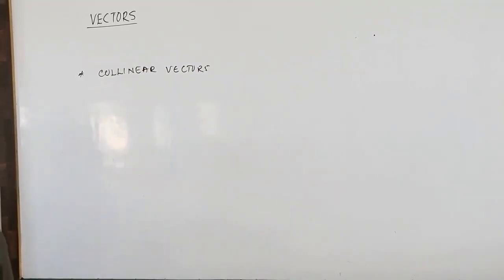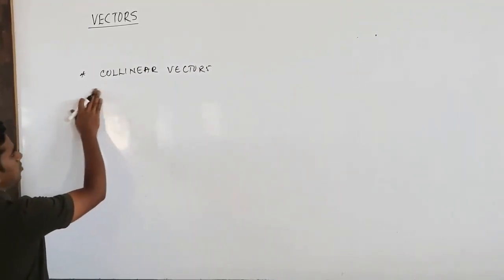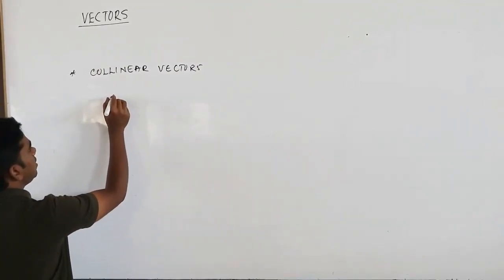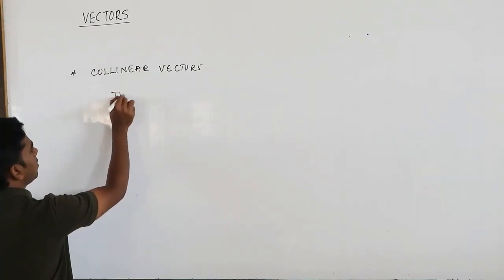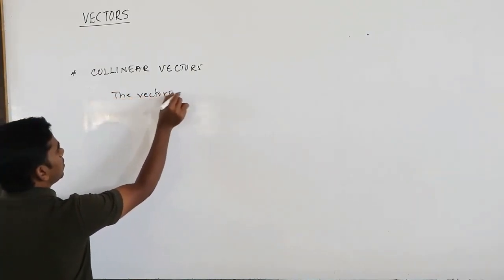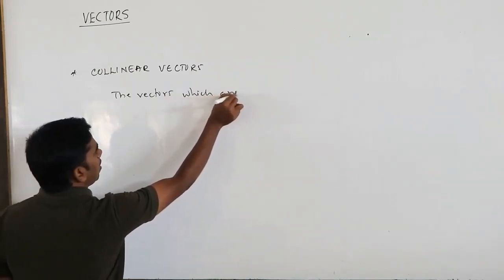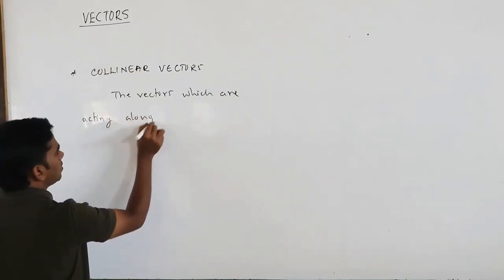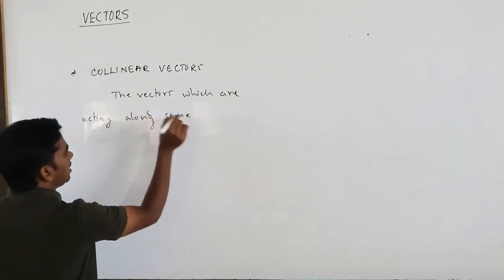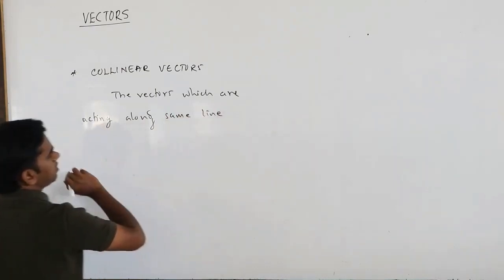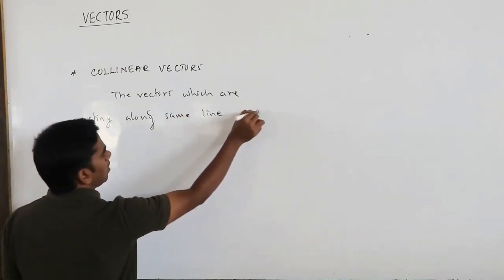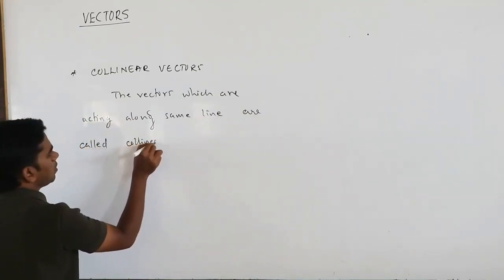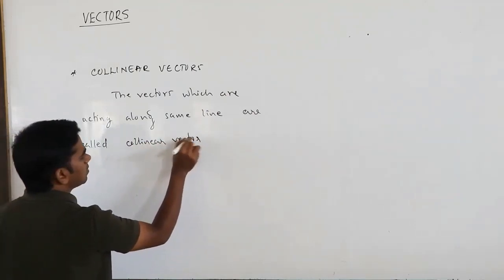Simply, the vectors which are acting along the same line are called collinear vectors.